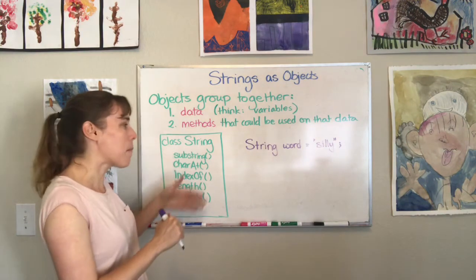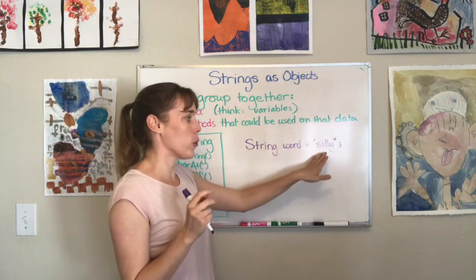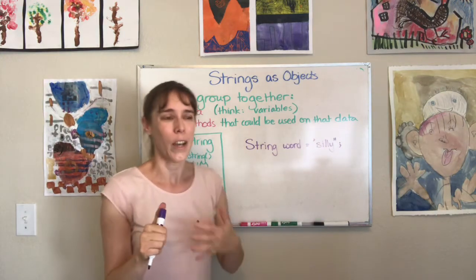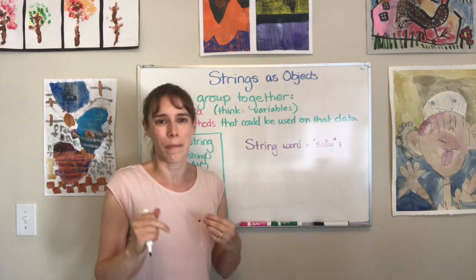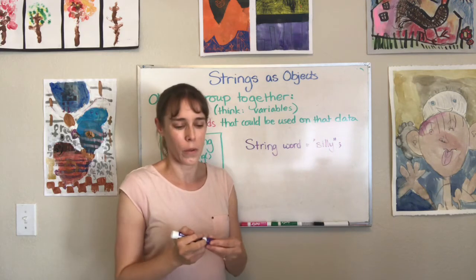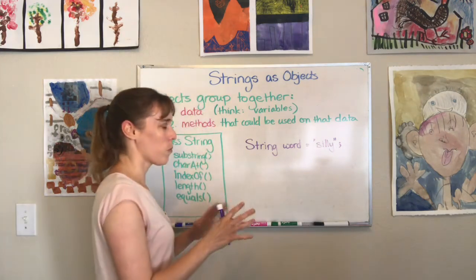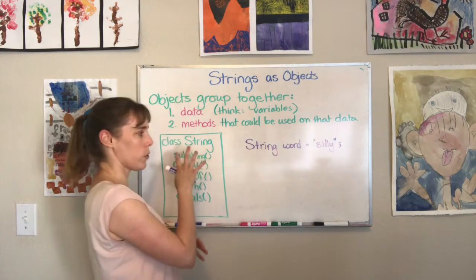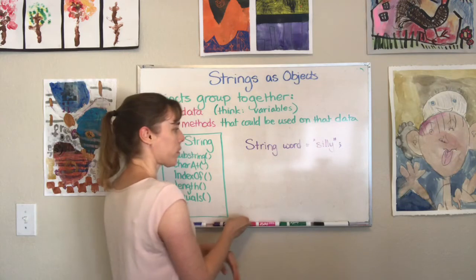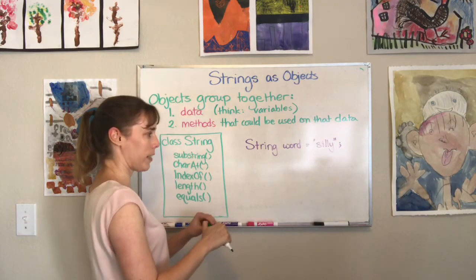So there are things that I might want to do with my string. Now you'll notice here it doesn't say new String, and strings are weird in the world of objects. They're used so often, Java makes it easier to set them up than other objects, so it plays a little bit fast and loose with them. So some of the rules are a little weird, but mostly it's going to use the stuff that we're talking about for objects. So you've created a string word and you've put silly into it.